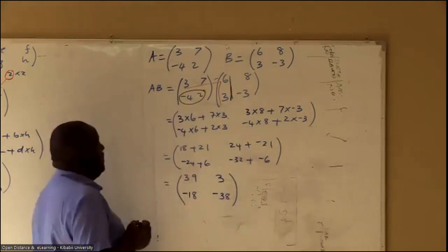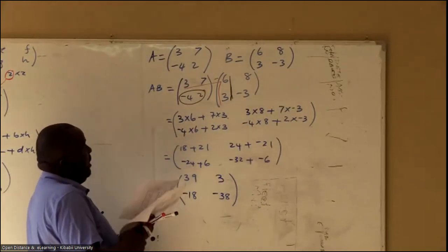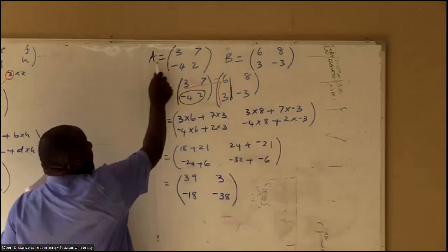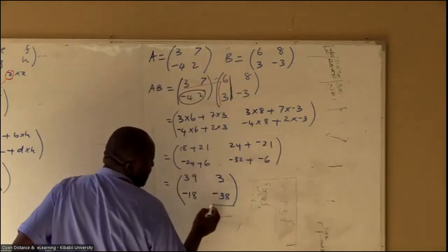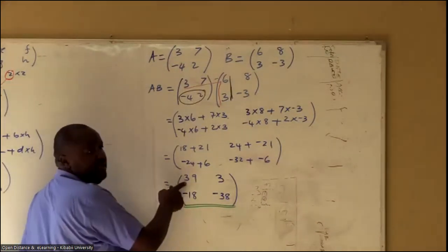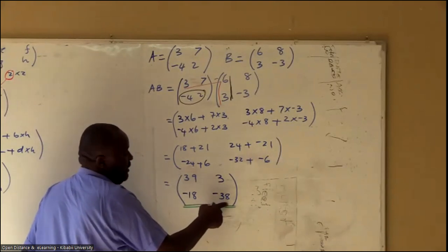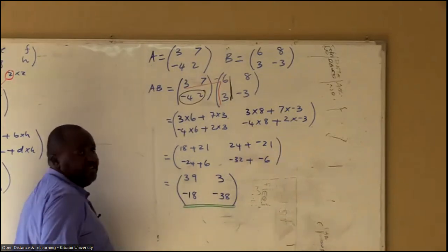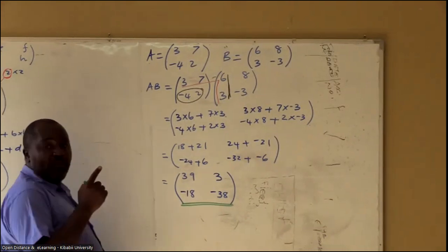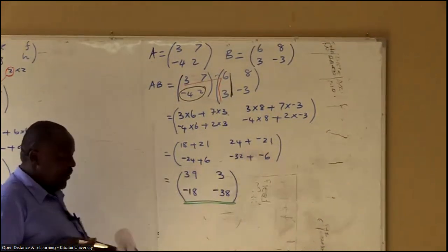So the matrix product arising from matrices A and B is 39, 3, negative 18, negative 38.